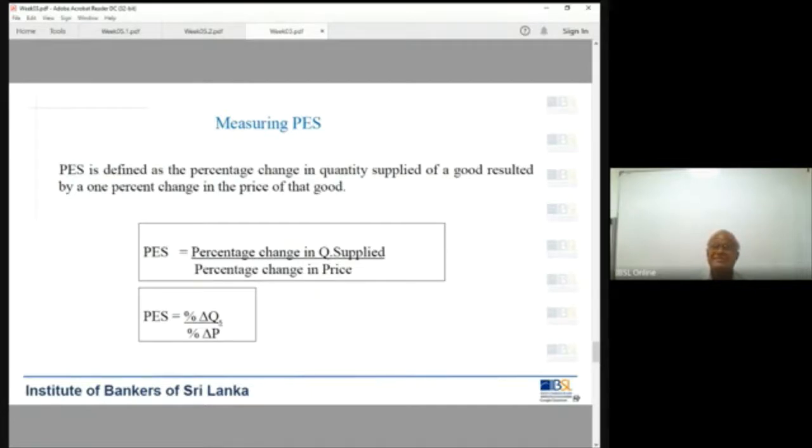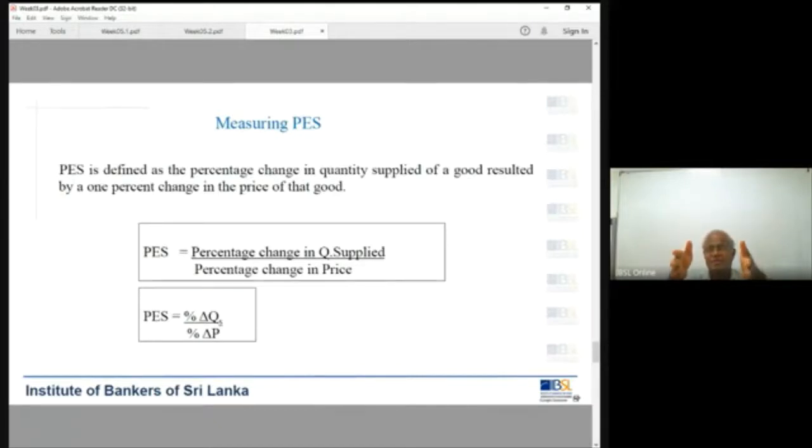What do you think about the sign of this price elasticity of supply? When price increases, suppliers are willing to supply more, so quantity supplied increases. Both move in the same direction, either plus or minus. That means overall, as a whole, price elasticity of supply will be positive. If the denominator is positive, the numerator is positive.